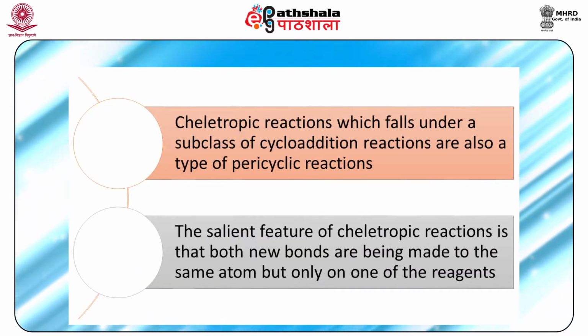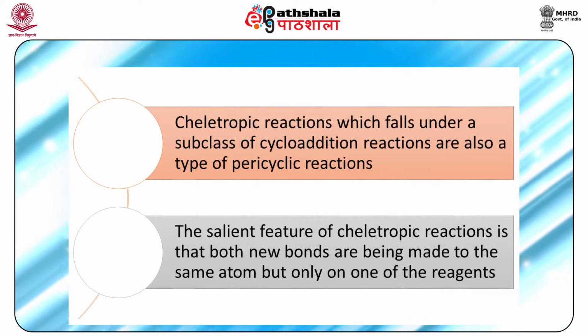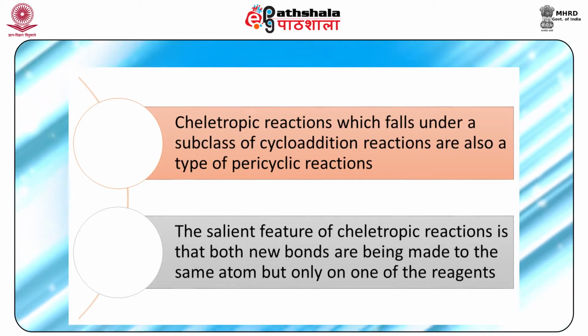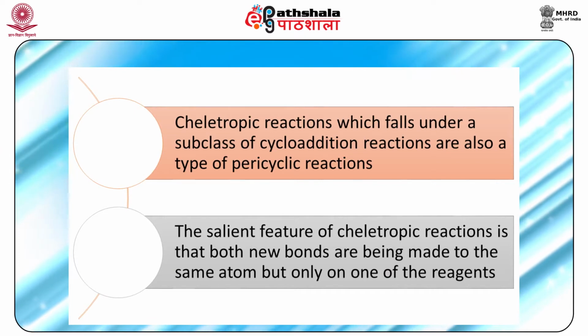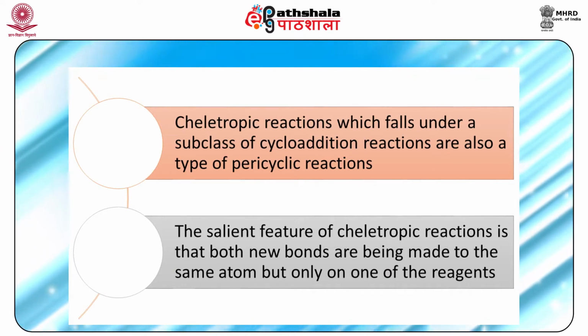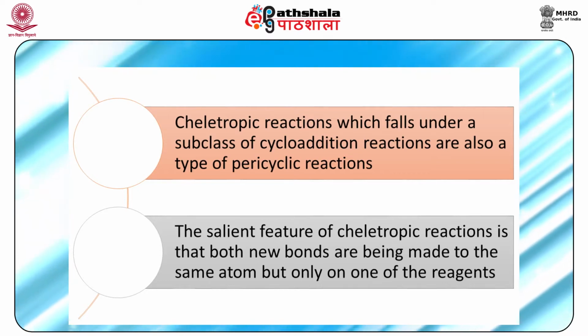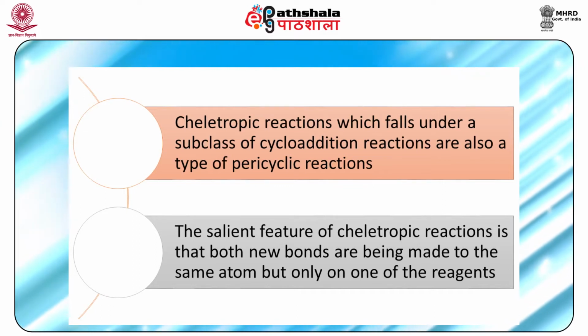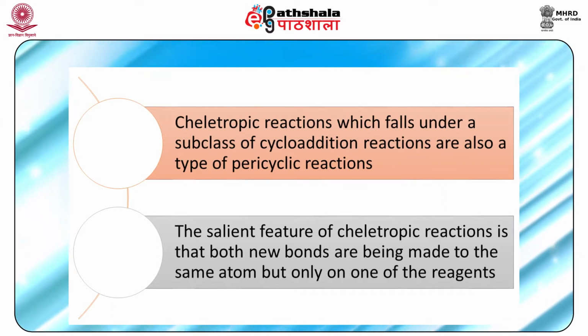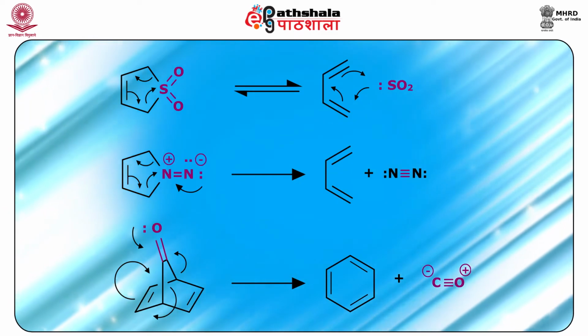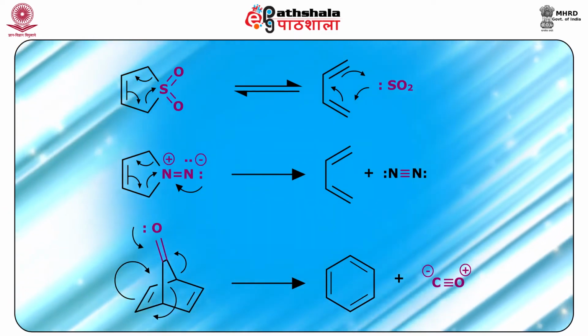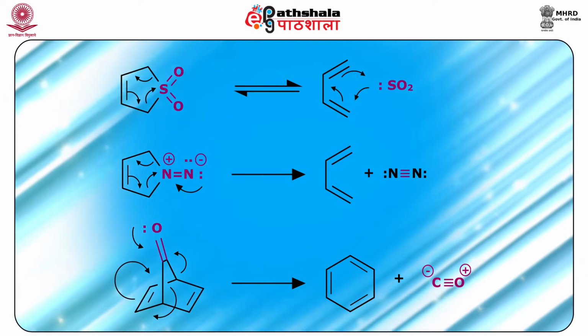Cheletropic reactions, which fall under a subclass of cycloaddition reactions, are also a type of pericyclic reaction. The salient feature of cheletropic reactions is that both new bonds are being made to the same atom, but only on one of the reagents. Like other pericyclic reactions, cheletropic reactions are reversible in nature.